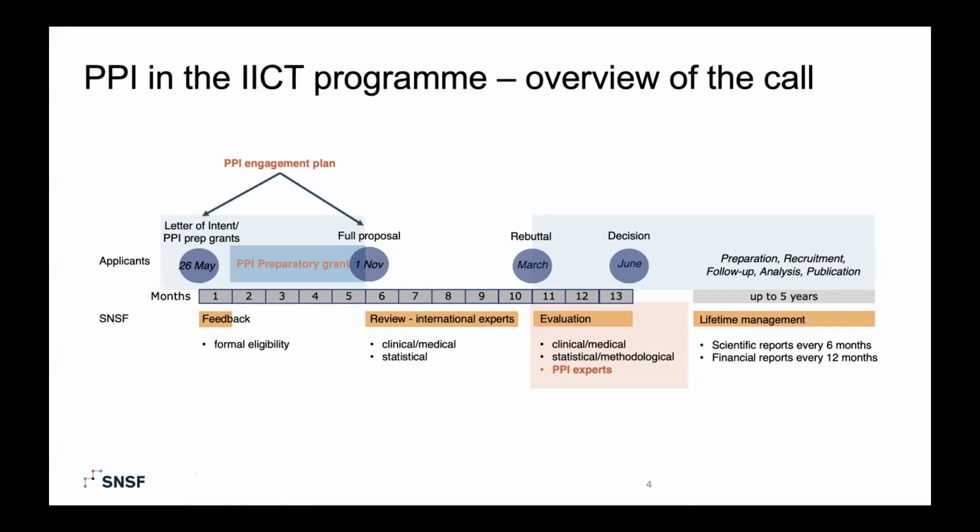And if you request the PPI preparatory grant, unless there's a formal problem, such as the applicant or the project not being eligible, we will grant you the money to perform the activities to get the PPI feedback. That would give you 4 months to get some feedback on the full proposal that is due on the 1st of November.